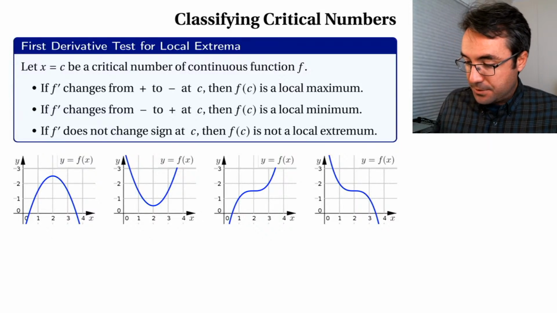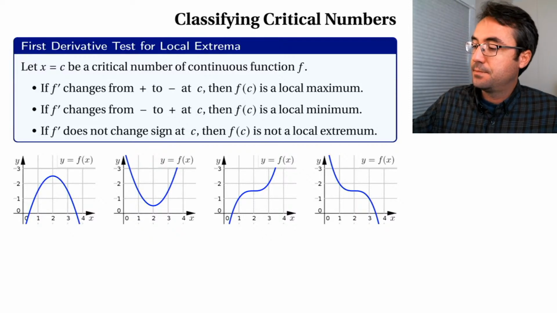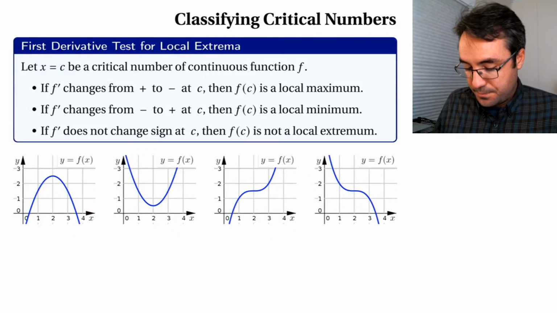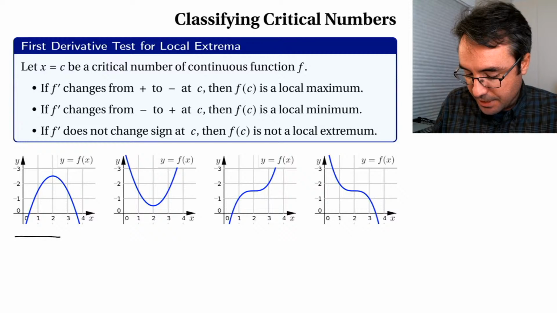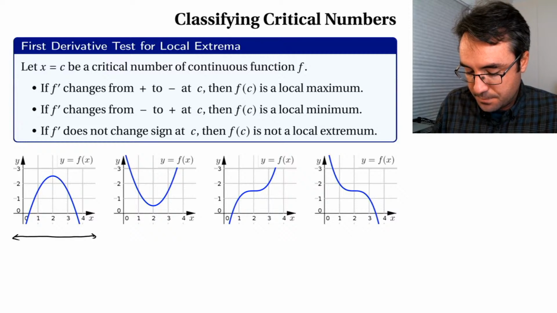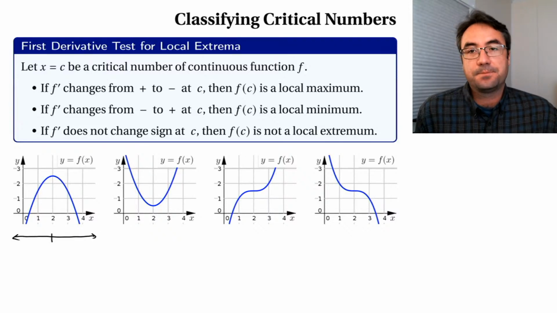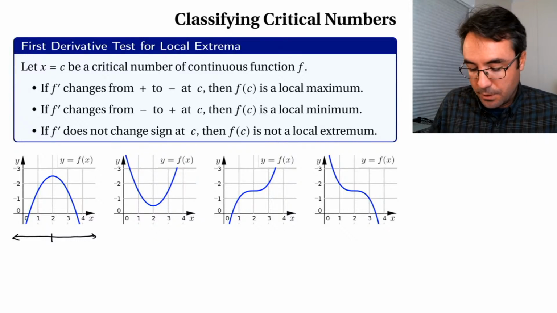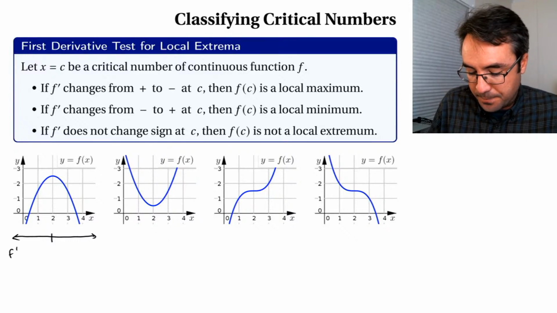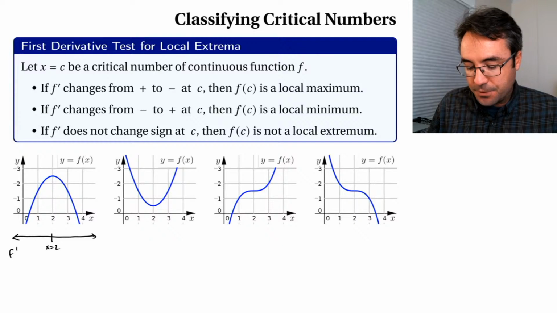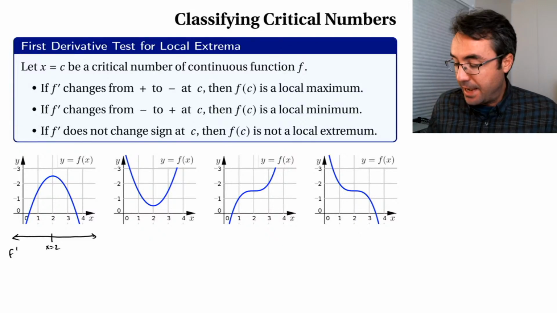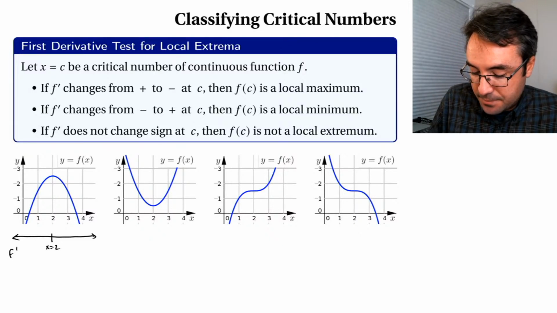And let's think about our sign charts. So we're going to look at our sign chart for f prime. For this first graph, we see that we have a horizontal tangent line.